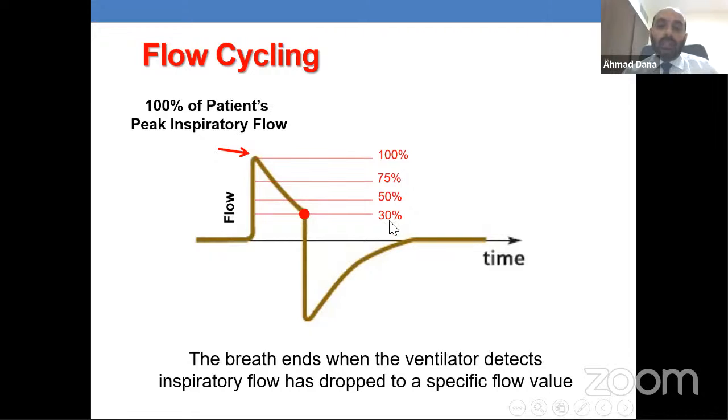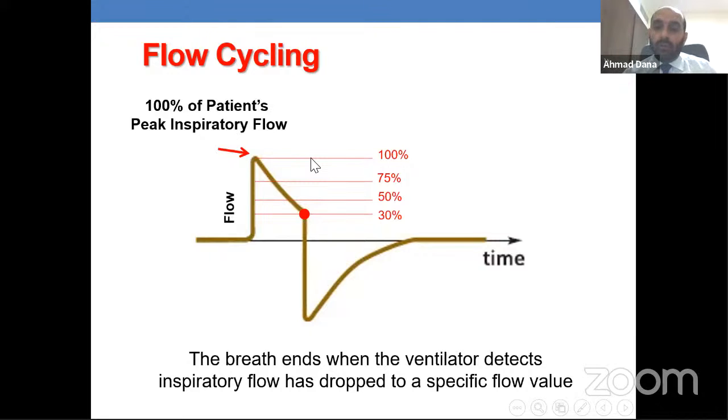So you need to select something in between. Usually 20 to 30% is a good value. And this is flow cycling. It is done in pressure support ventilation, so in PSV mode of ventilation, you use flow cycling.